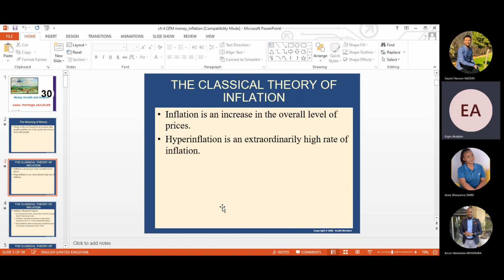If inflation is very high, we call this hyperinflation. If it is above 40%, 50%, this is hyperinflation, and it is not good for the economy. Your purchasing power is decreasing, the purchasing capacity is reduced, and the real economic variables become very poor.